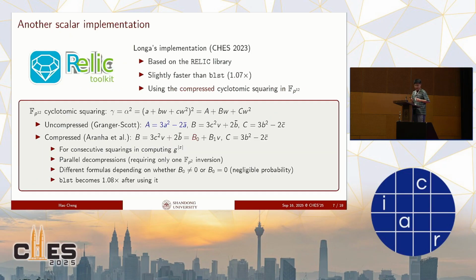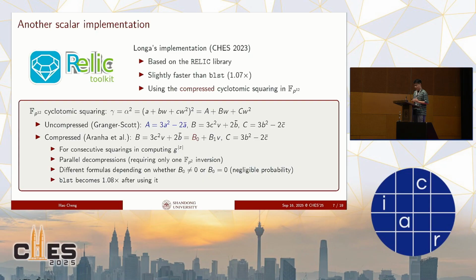Let's then have a look at another scalar implementation which was presented 2 years ago by Longa, also in CHES. This implementation used the RELIC library as a base implementation and mainly optimizes the extension field operations, and is slightly faster than the BLST library, mainly due to the use of the compressed cyclotomic squaring.